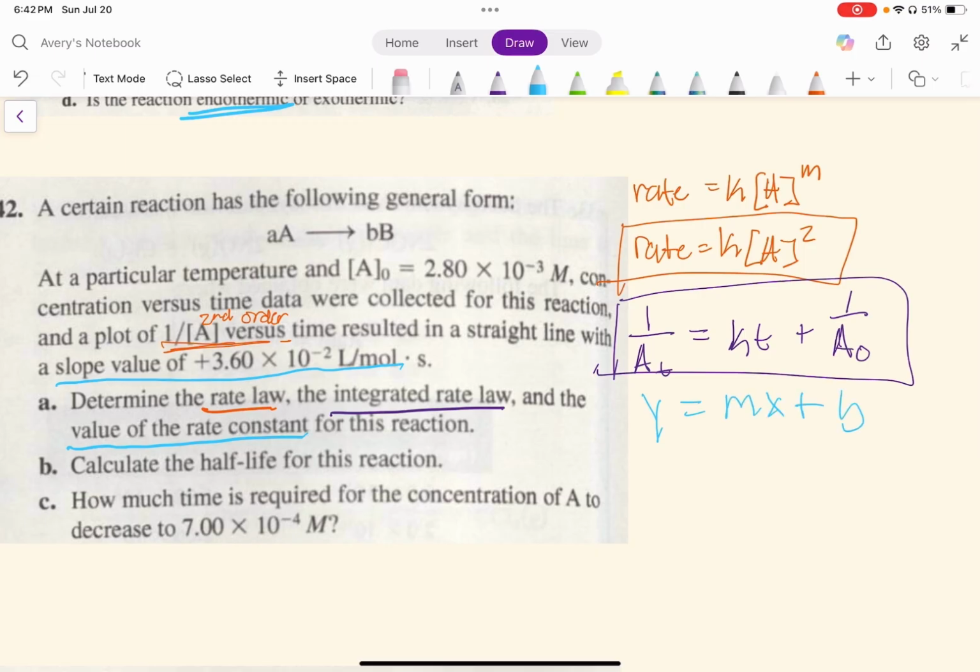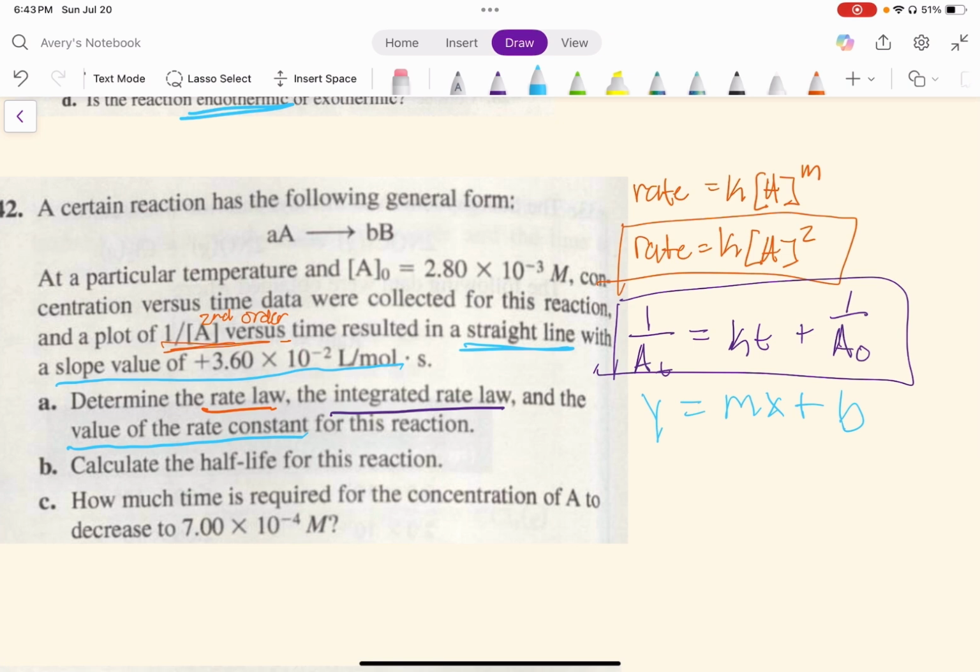So 1 over At is y, k is m, t is x, and 1 over A0 is b. If you're familiar with the linear equation, and again, we know it's this equation because we're told it is a straight line.